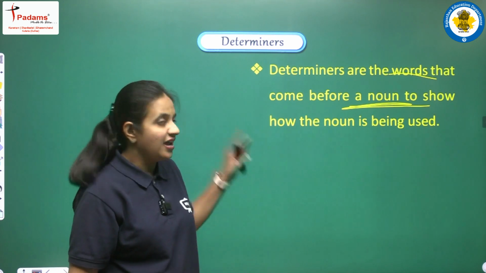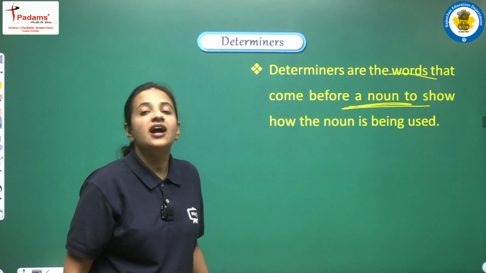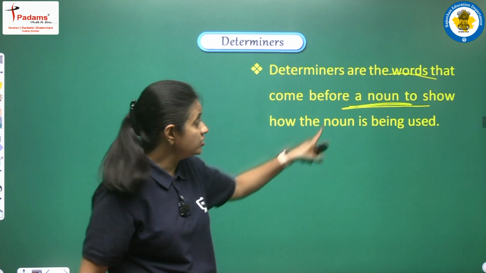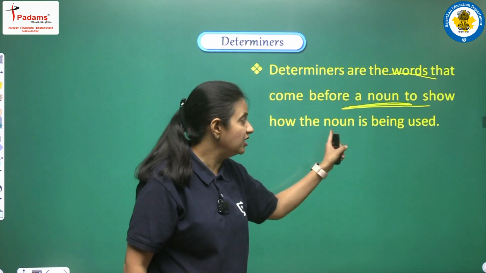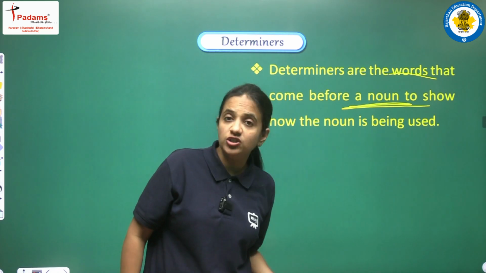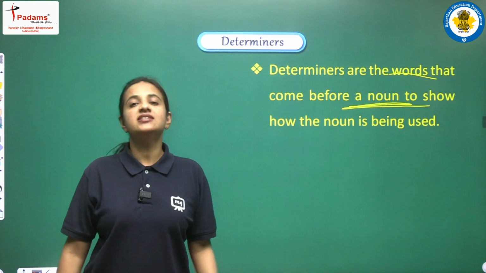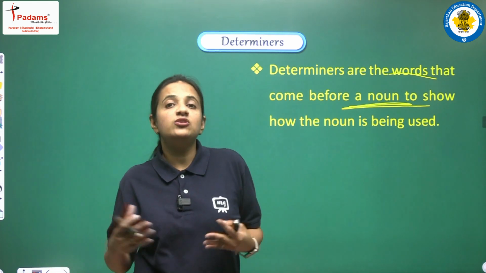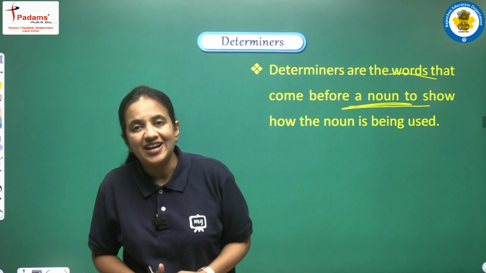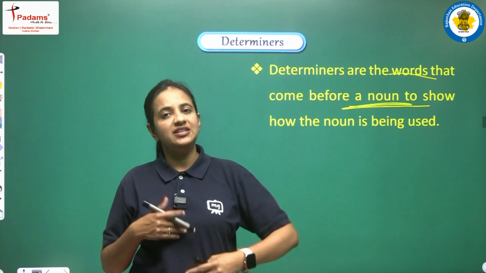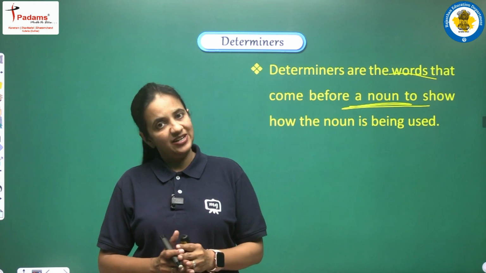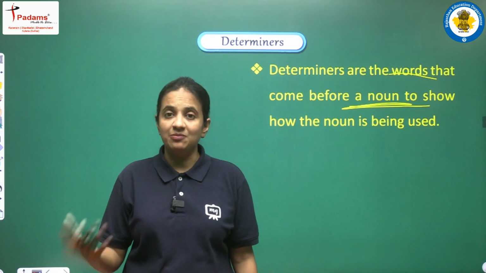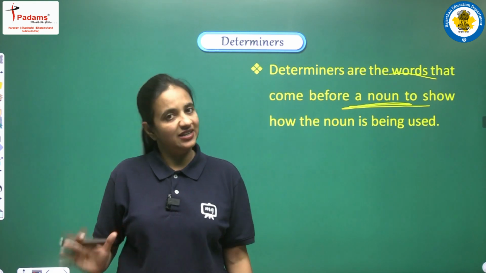So basically determiners are words used before a noun, because they show how the noun is being used. Those words are known as determiners. Now we will discuss all the determiners one by one. We will see their different uses, and yes, we will see some examples related to the uses.